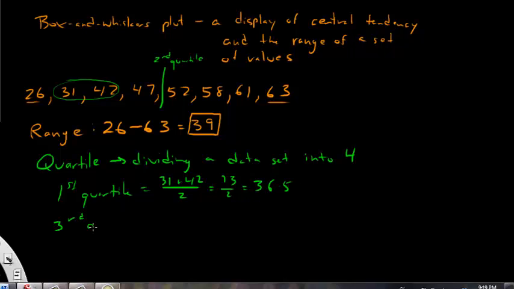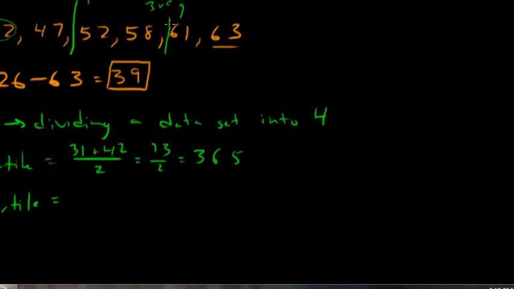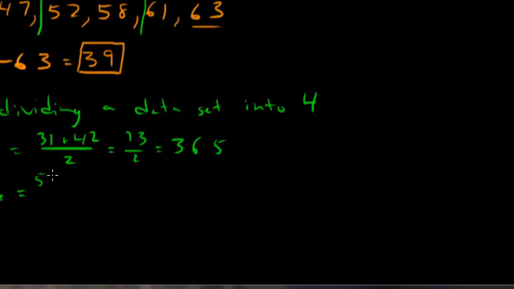And as you can probably guess, the third quartile is just the median of the second half. So here's our first quartile, and here's the third quartile. And so that's going to be, because there's two medians here, the mean of those. So 119 over 2.